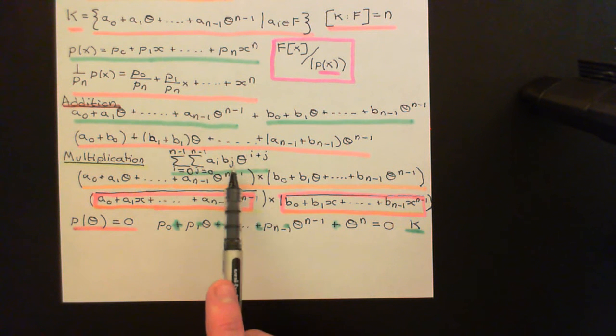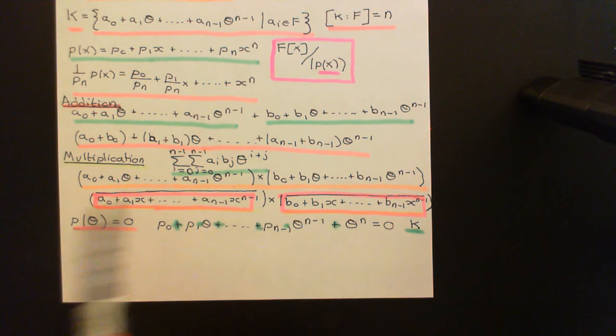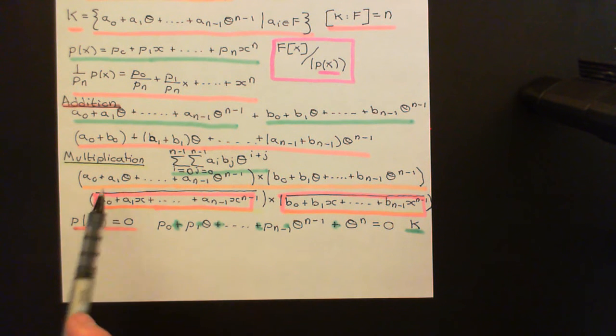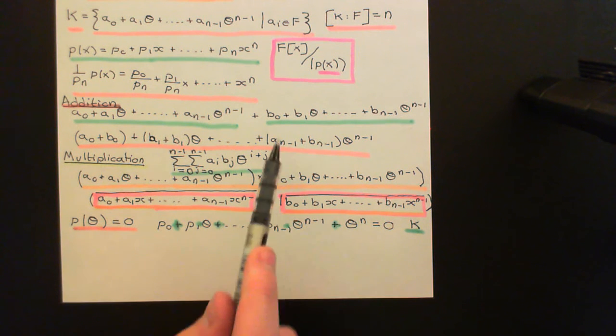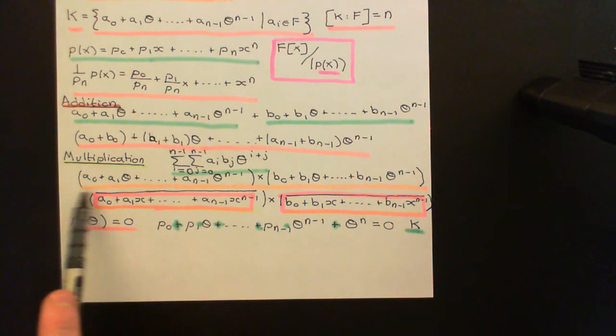So we need a way of understanding what happens when you take higher powers of theta. Theta is just an element of the field capital K, so you can take higher powers of theta, but what we need to know is how to write these higher powers of theta as linear combinations of our basis vectors, which are the lower powers of theta, in which we know all elements of the field extension can be written.